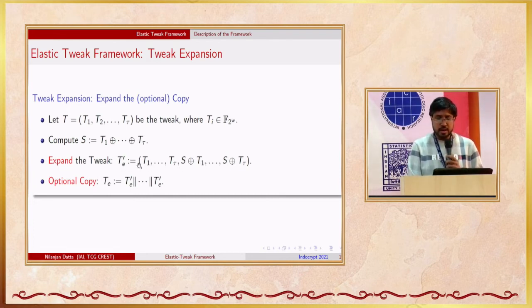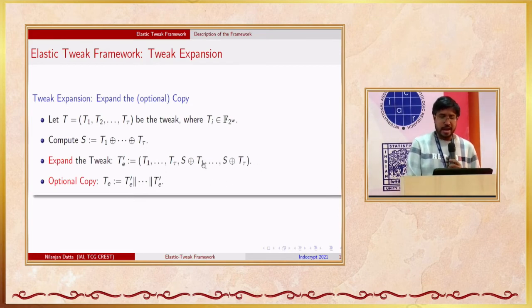You take all these values, compute the XOR sum, and XOR it with each single word. So if you have 2 tweaks that differ in just one word, after this tweak expansion they will definitely differ in at least 4 bits. That gives you a high distance encoding.